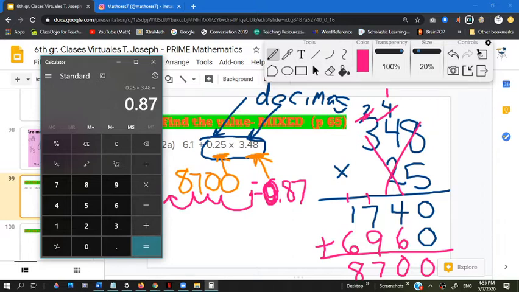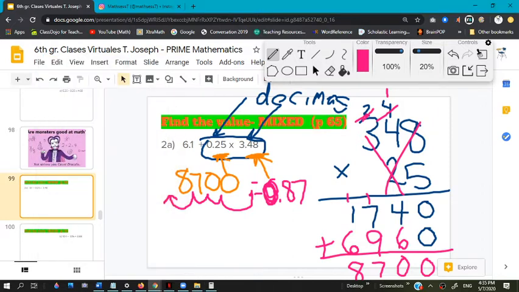Now we just need to do the addition. So let's take our problems and add them together. We have 6.1 plus 0.87. Let's add those together.